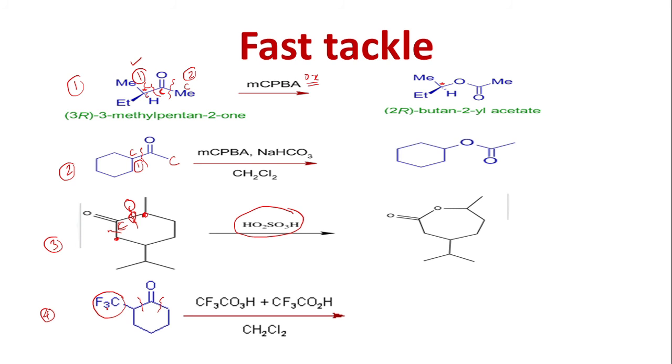So this electron withdrawing group will destabilize the oxygen. Okay, so therefore cleavage will occur from here and oxygen is inserted in between this carbon and this carbon, because the electron withdrawing group present here destabilizes the electron deficient oxygen atom.